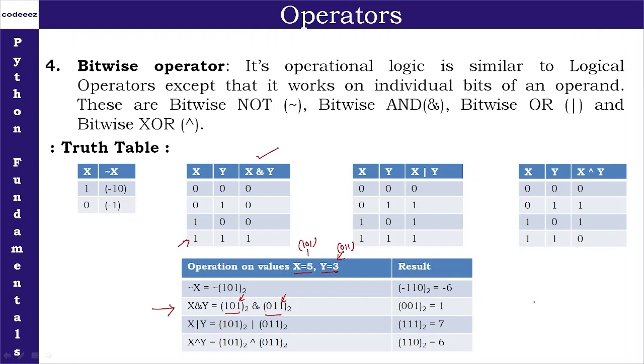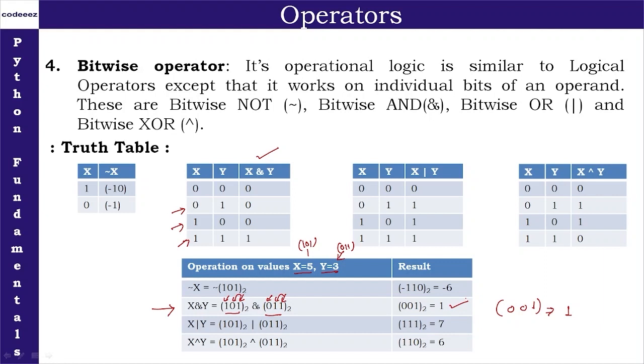Shifting to the next value from the right, 0 and 1, we get 0 as a result. The third value is 1 and 0, so we get again 0. So finally we get 0, 1, 1, which is equivalent to 1 in decimal. So this is the result of AND, right?